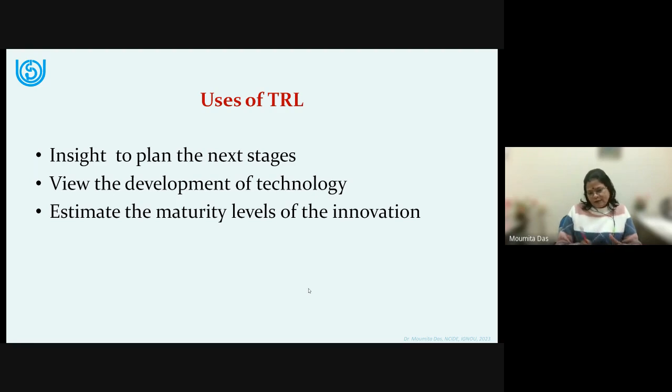Beyond that, from 5, 6 to 9, it is the industry that takes up those levels. Between 4 and 5 is what is known as the valley of death, because when the transition is happening, if proper care is not taken at that stage, then the idea may die off. So this is some information that you might like to know.